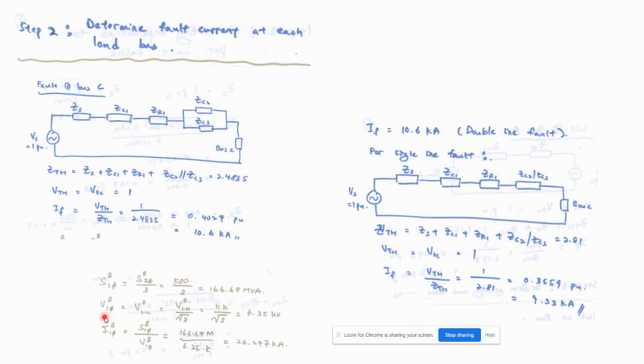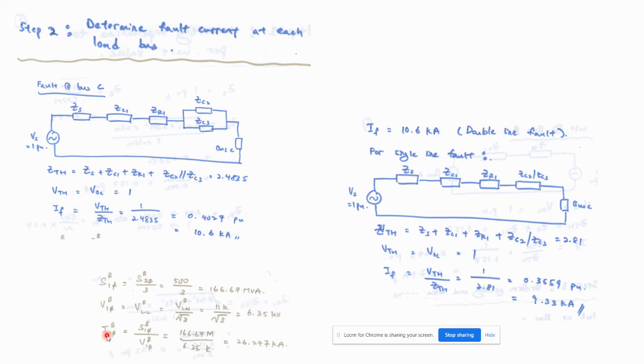And then you want to get the per phase base voltage value. It is the per phase of the line to line, which is hard to get. So we convert the line to line voltage into the line to neutral, and we get this value.